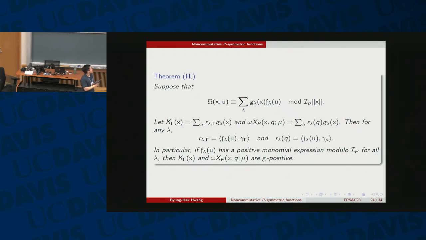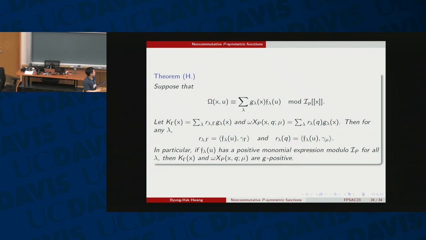Then when we extend this k sub gamma, the g expansion of k sub gamma and the g expansion of the chromatic quasisymmetric function, we obtain this coefficient by the pairing of the noncommutative symmetric function and gamma sub gamma, gamma sub mu.